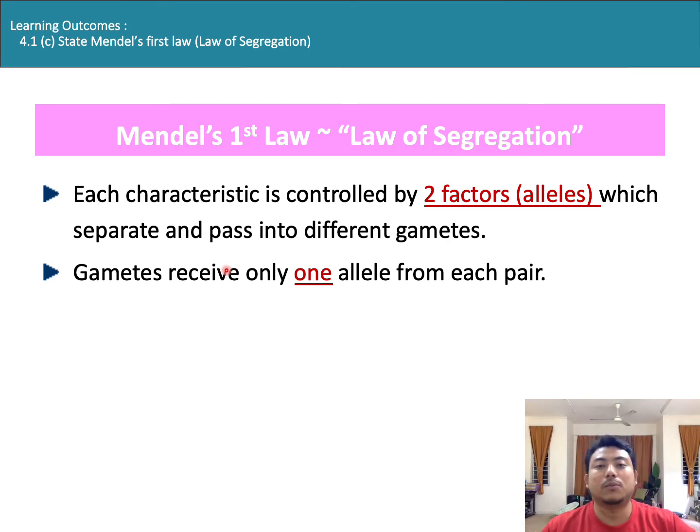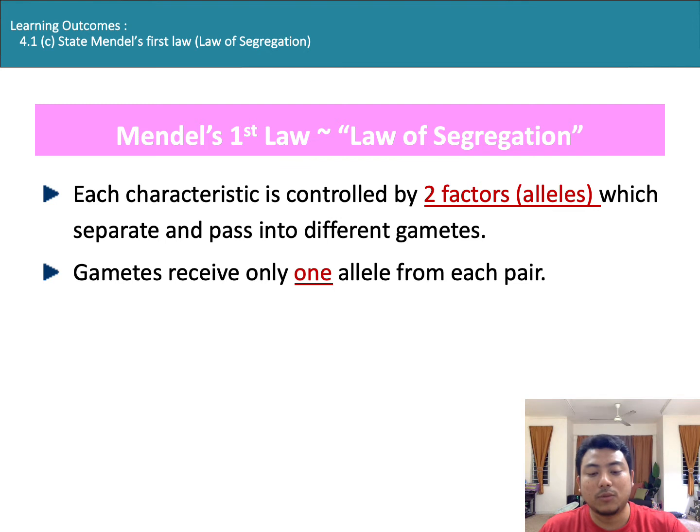So now we know that when humans or plants produce gametes, they produce two different gametes. One will carry one allele, the other will carry the other allele. Gametes receive only one allele from each pair.